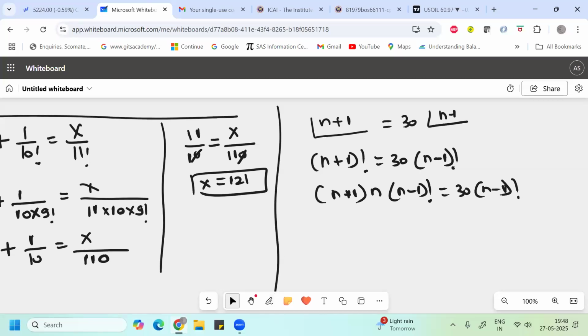So (n minus 1) factorial gets cancelled. So n into (n plus 1) is equal to 30. 30 I can write as 5 into 6. Okay, so your n is equal to 5.